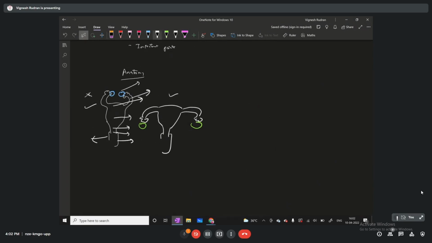Other than that, you need to know the lateral view. So you have your bladder over here, and then you have your uterus over here, and you have your colon over here.